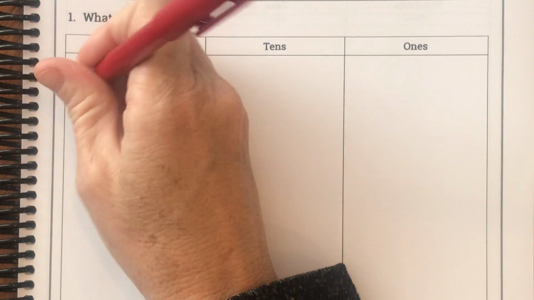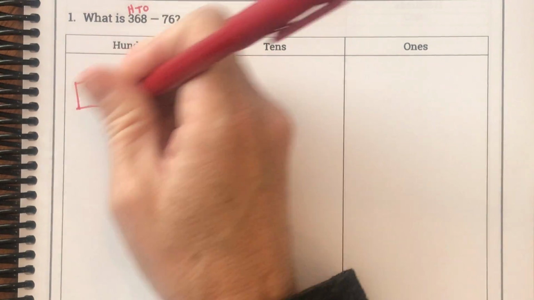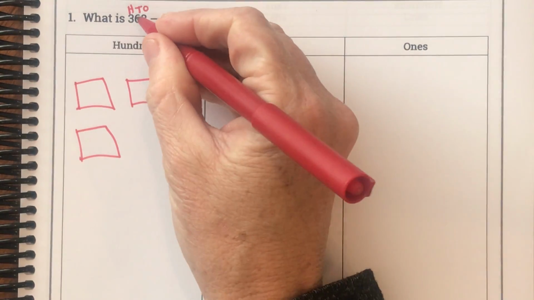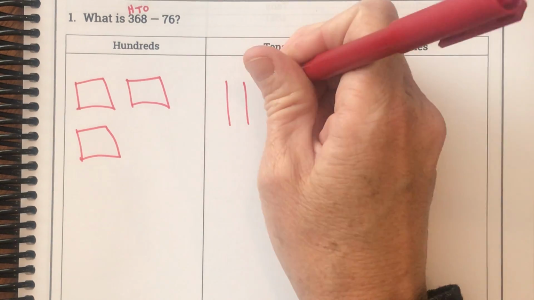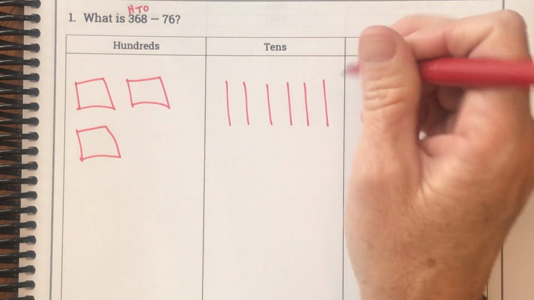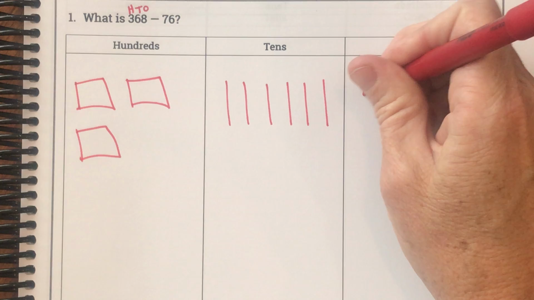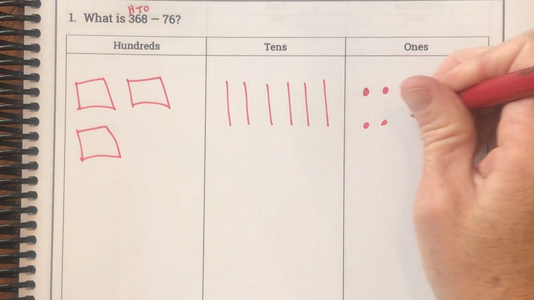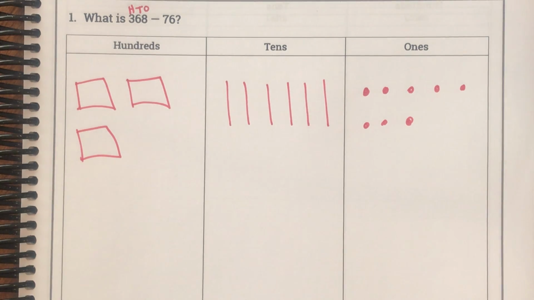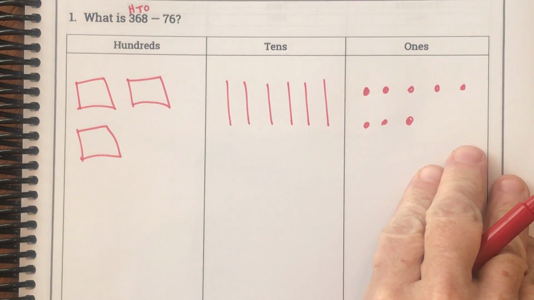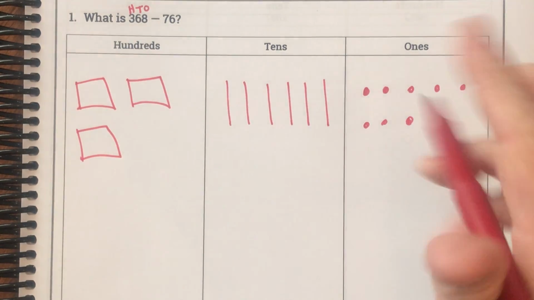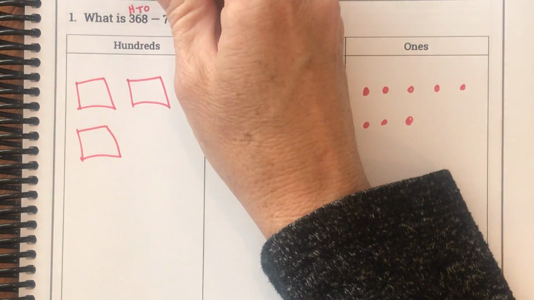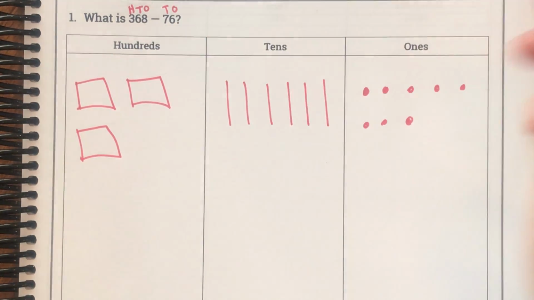Ready? 1, 2, 3 hundreds, 6 tens, 1, 2, 3, 4, 5, 6, and 8 ones. 1, 2, 3, 4, 5, 6, 7, 8. Okay, so that's my minuend. That's what I have. Now I'm going to subtract my subtrahend, which is 7 tens and 6 ones.